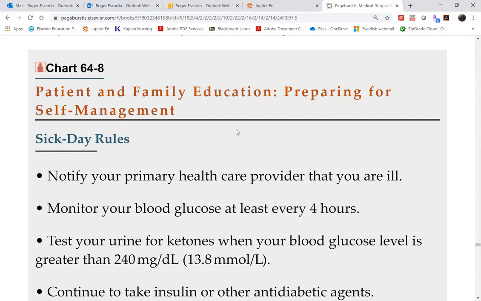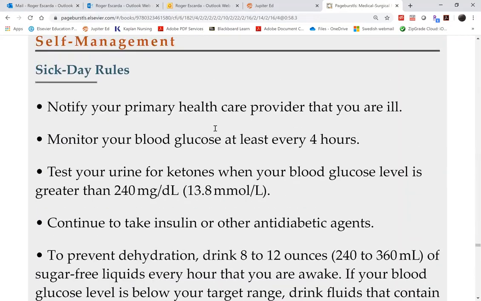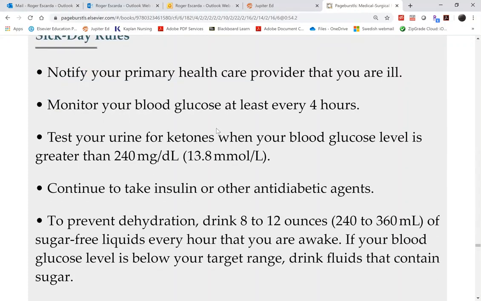Does that feel stressful? Yes, of course. So whether you're physically sick or emotionally or psychologically sick, you follow these rules. Okay, so this is both for the family and the patient. So when you're sick or under stress, these are what you do.